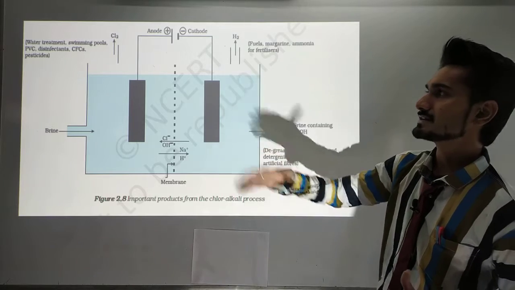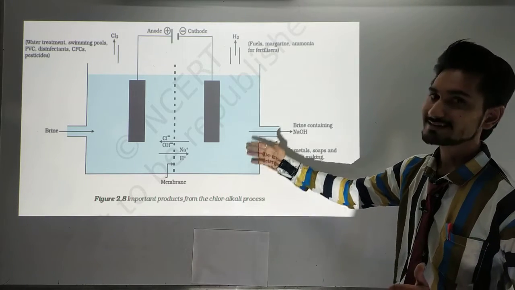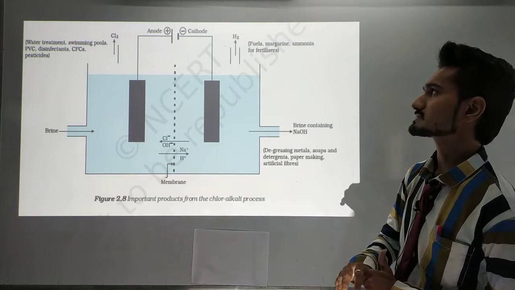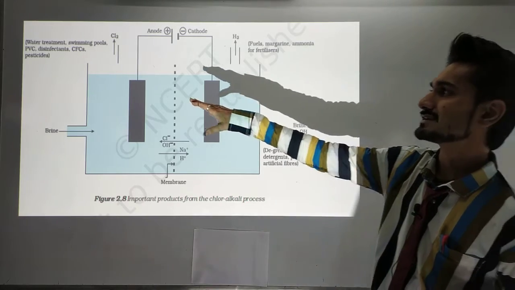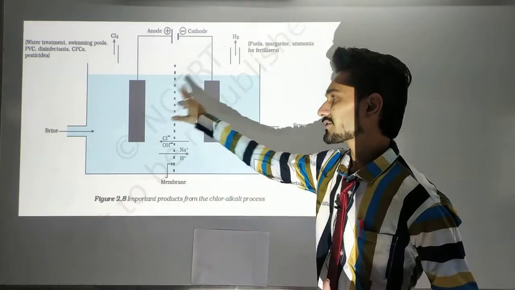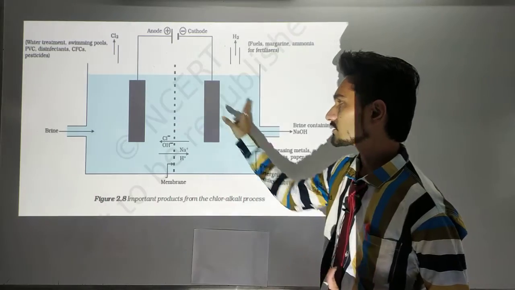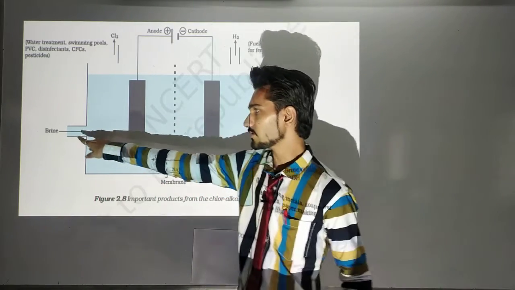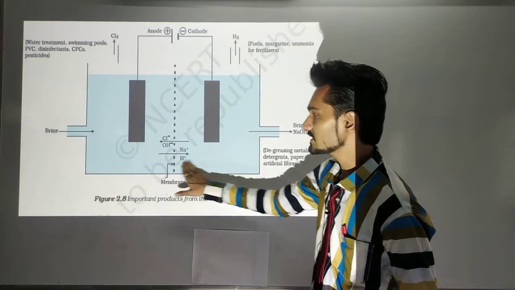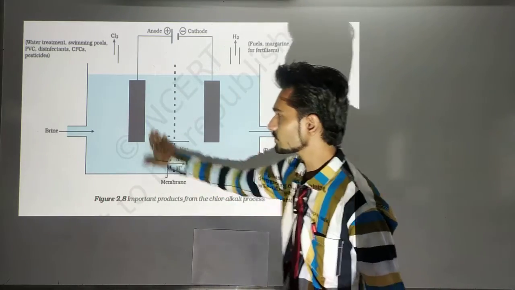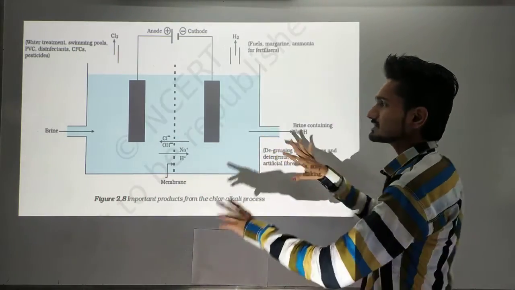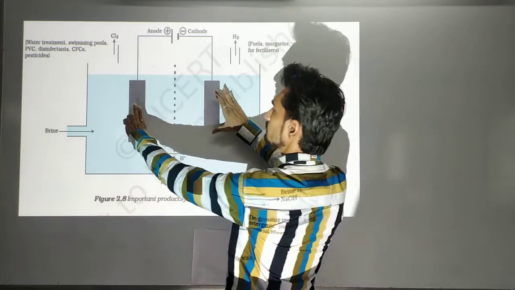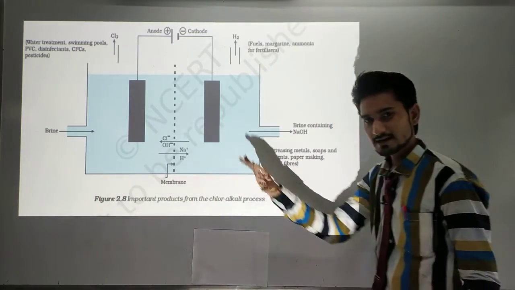Now we are going to see the products and the process regarding the chlor-alkali process. We have taken common salt water here. We are going to put the salt in from here, so it gets mixed with the H2O. H2O means this water. And we have put two metal rods here for the electrolysis process.